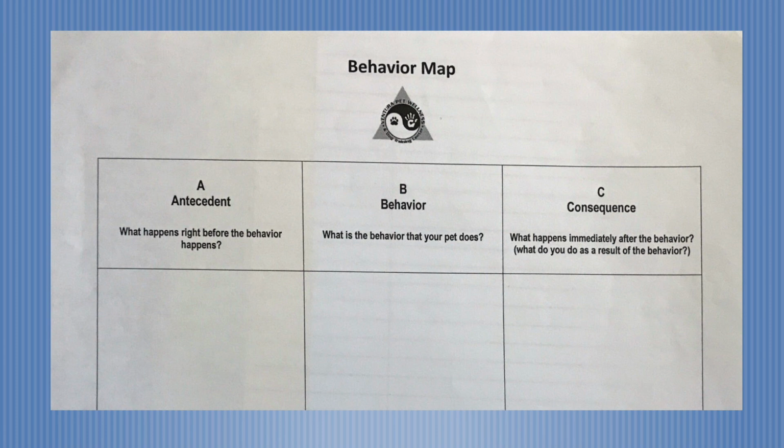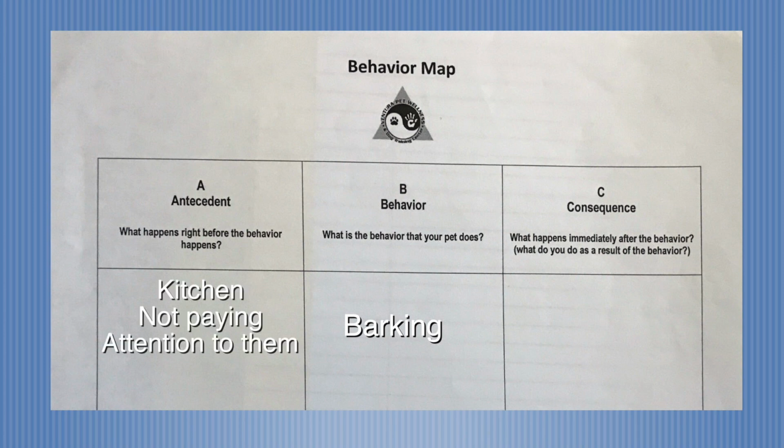So if we're looking at some different examples, maybe your dog barks to get your attention. So the behavior is barking, and maybe it's when you're in the kitchen and you're not paying attention to them, they bark. So the antecedent is, they've learned, usually these behaviors are learned, because you're in the kitchen, you're making dinner, you're not paying attention to them. That cues them to bark, hoping to get your attention.